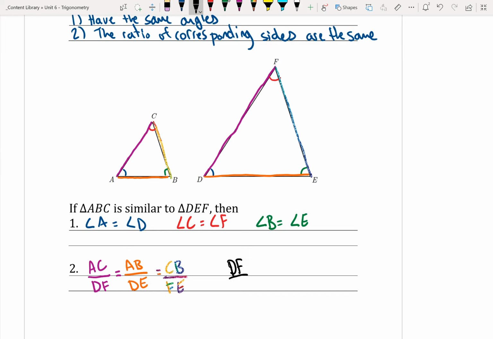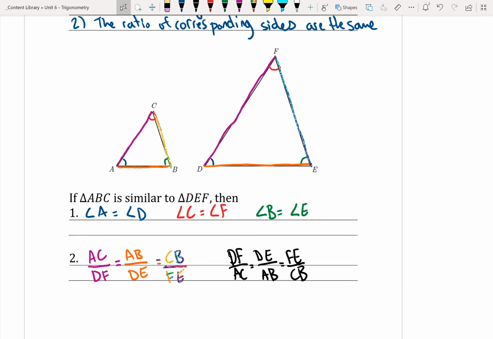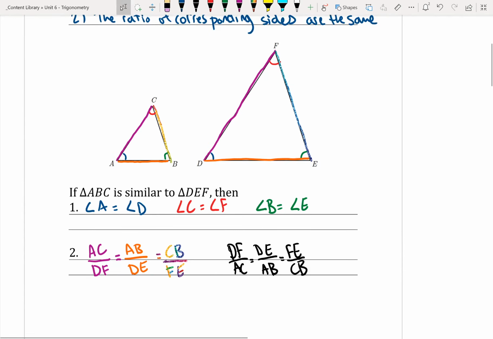DF over AC, but that also means that I have to have DE over AB and FE over CB. So again, everything would have to flip, it can't just be one. But again, you can see that all the sides for one triangle are on one side, and all the sides for the other triangle are on the other side.